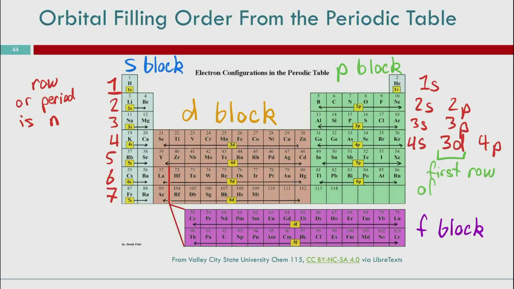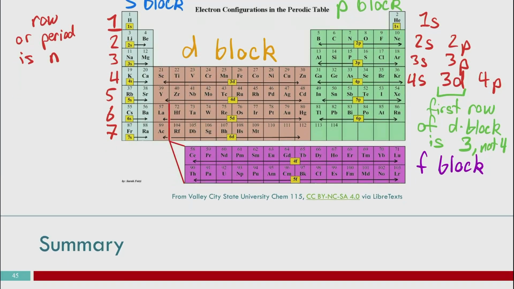So the first row of D block is 3, not 4. And that, I think, is the only real tricky part about this. If you got to the F block, it's 2 less than the row number. We will not touch the F block in this class. And we'll be doing some examples with this probably next class.